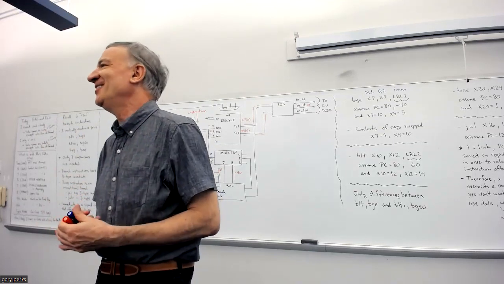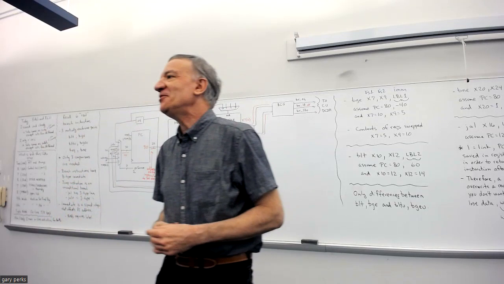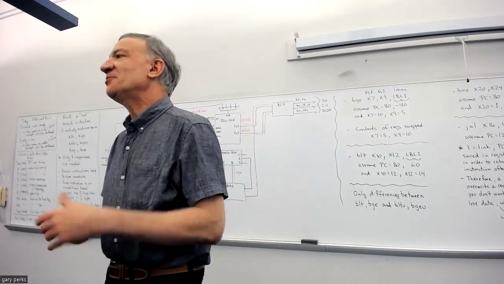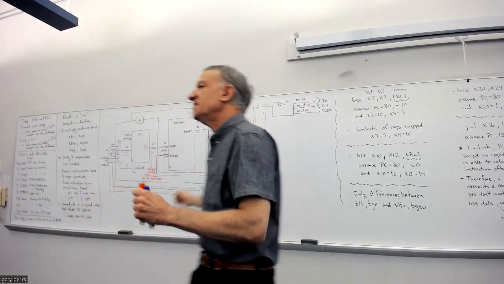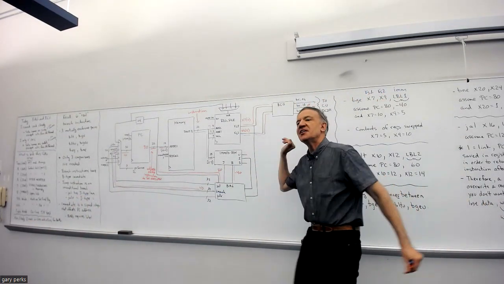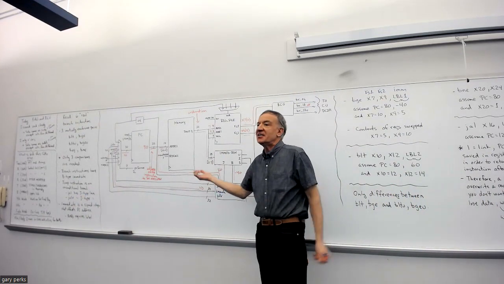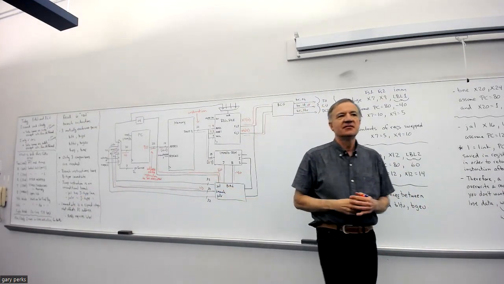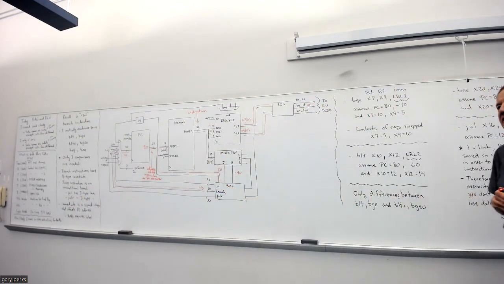But if you want to make life easy and it allows you to use labels, that's the way to do it. The reason I'm using a number here is because in order to understand what the hardware is doing, you've got to treat it like a number.